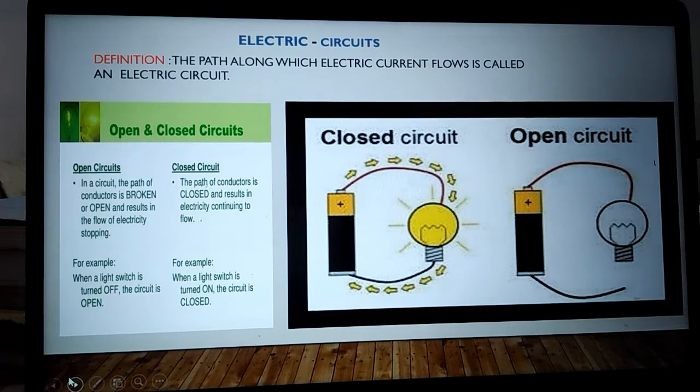An open circuit is a circuit in which the path of electric current is broken, and a closed circuit is a circuit in which the path of electric current is not broken. It is complete. So when you switch on a bulb, that means it is a closed circuit. And when you switch off the bulb, it is an open circuit.